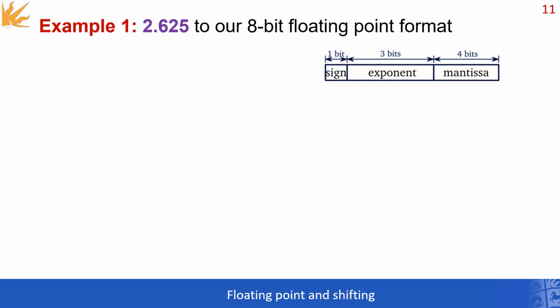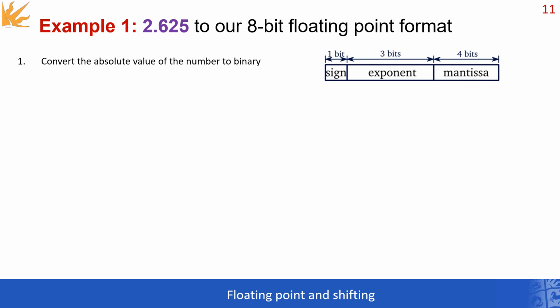We're going to convert the number 2.625 in the decimal system to an 8-bit floating point format according to this format over here, where the most significant bit is used for the sign, the next 3 bits are used for the exponent, and the last 4 bits are used for the mantissa.